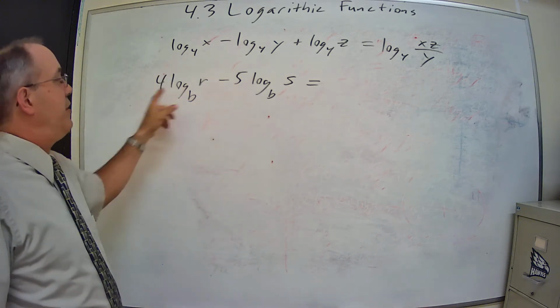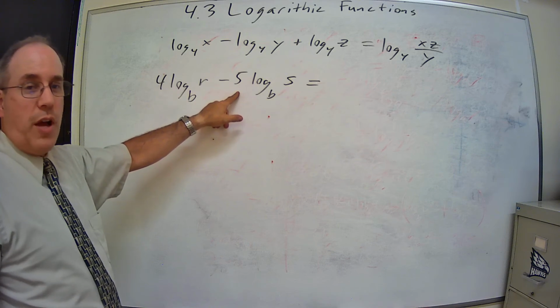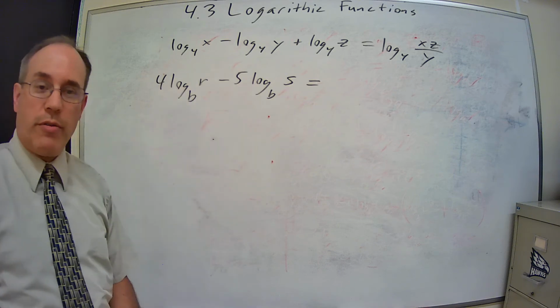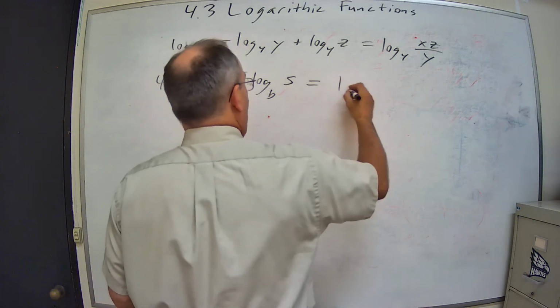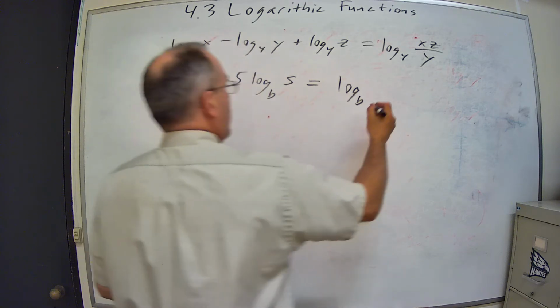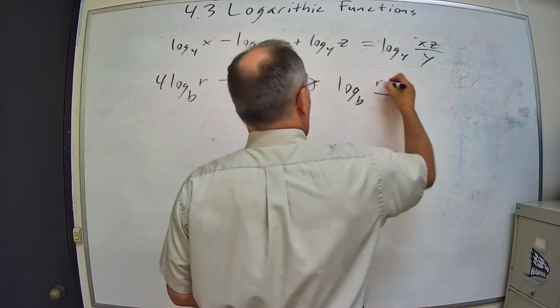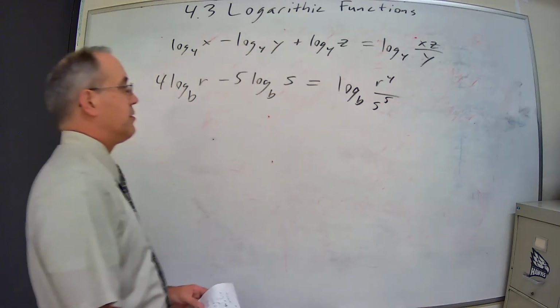And if we have a coefficient, if it's multiplied by some constant, that becomes a power. So we're just reversing the process. So this becomes log base b of r to the 4th over s to the 5th.